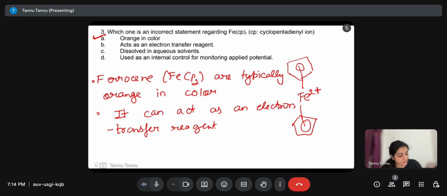So it is a redox mediator. It is known as ferrocene.